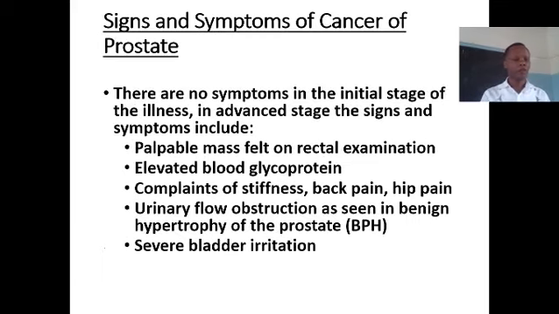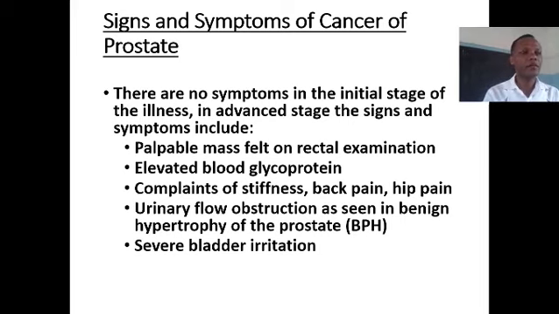After that, the patient can start presenting the following signs and symptoms. And these are symptoms of the initial stage of illness. In advanced stage, the signs and symptoms may include palpable mass felt on rectal examination, elevated blood glycoprotein, complaint of stiffness, back pain, and hip pain.